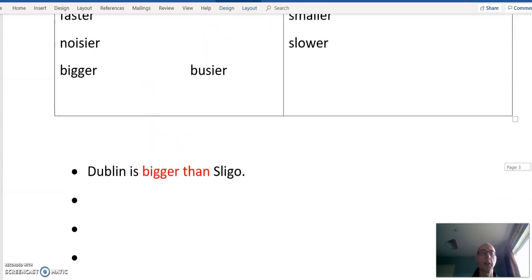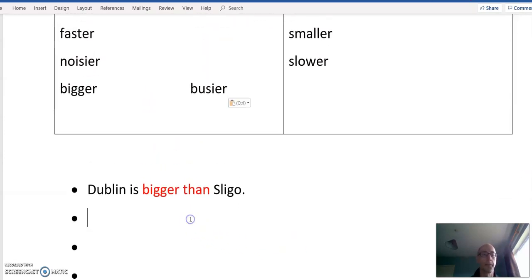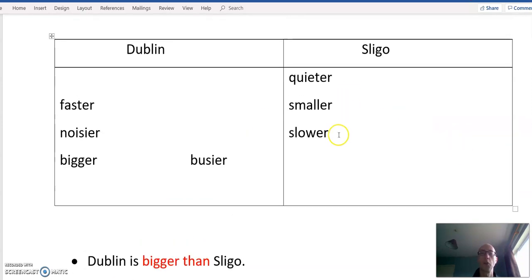Dublin is bigger than Sligo. Dublin is faster than Sligo. Let's make a sentence starting with Sligo. Sligo is, let's use one of these words here.